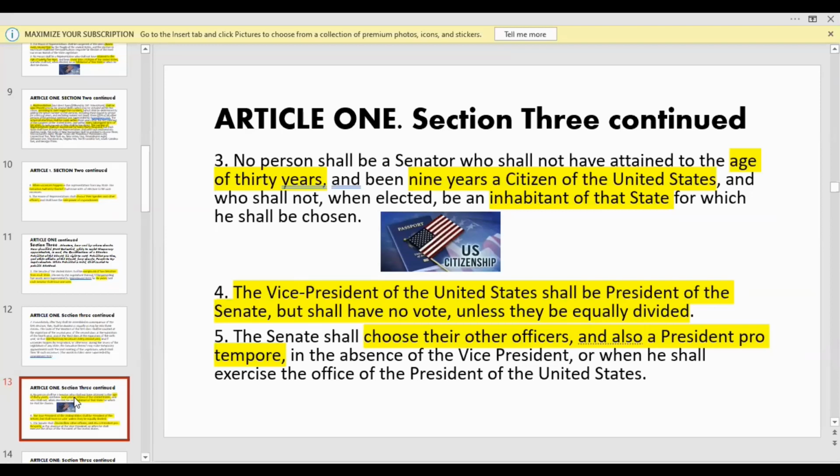So slightly more stringent to be a senator than a congressman, but still, you did not have to be born in the United States. You don't need to be a natural born citizen. You do need to be a citizen, which could be a naturalized citizen, 30 years of age. Again, the argument is we need young, fresh blood to run this new country.